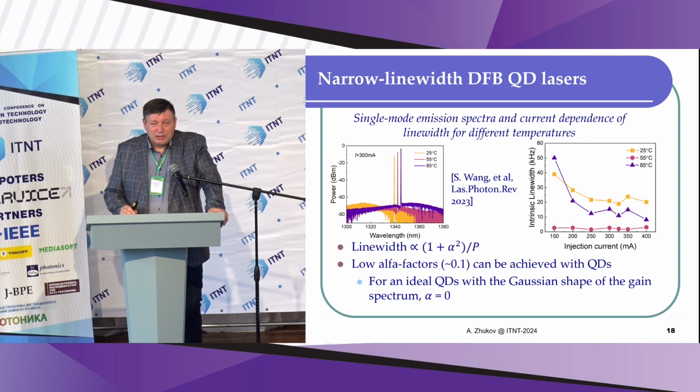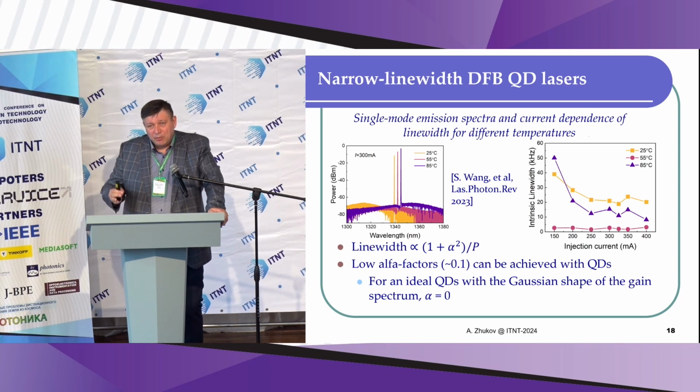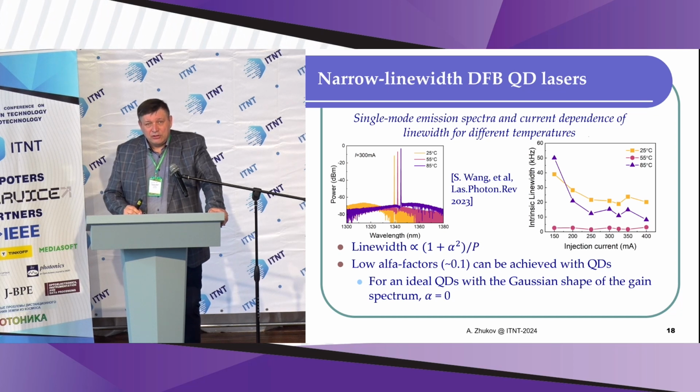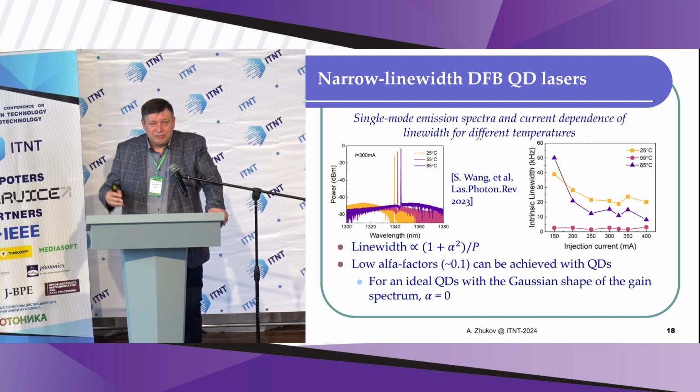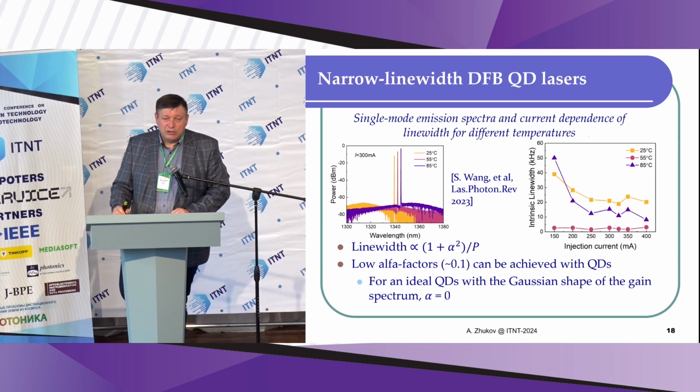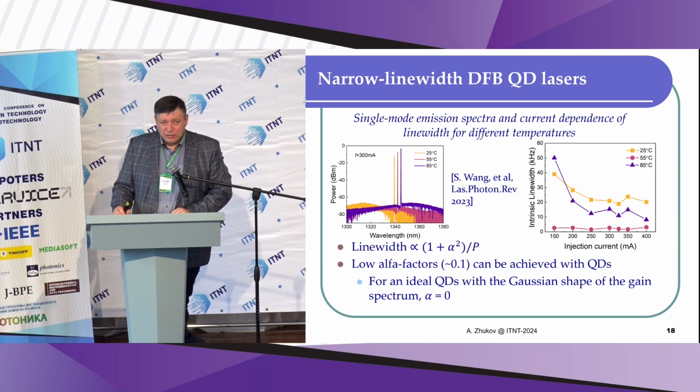And this alpha factor depends on the shape of the gain spectrum. In a quantum well, the gain spectrum is asymmetric. Because of the Kramers-Kronig relation, when the gain changes, this results in a change of the refractive index, and this change of refractive index leads to additional broadening of the emission line.